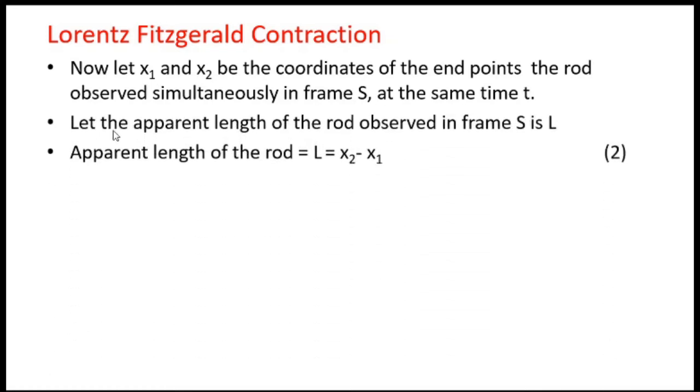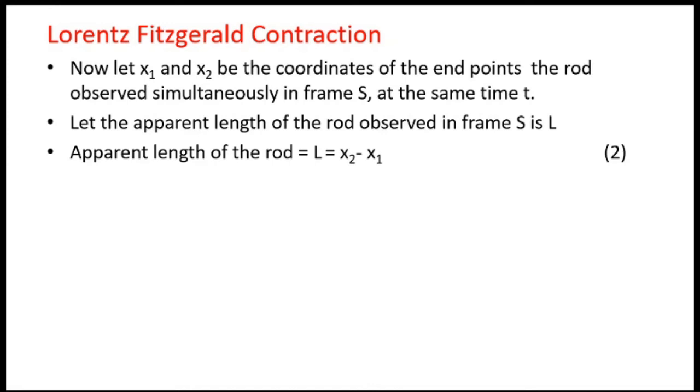So if the apparent length of the rod observed in the frame S is L, then L is equal to x2 minus x1. This is our equation 2. Now just remember, the rod is at rest in the frame S dash.